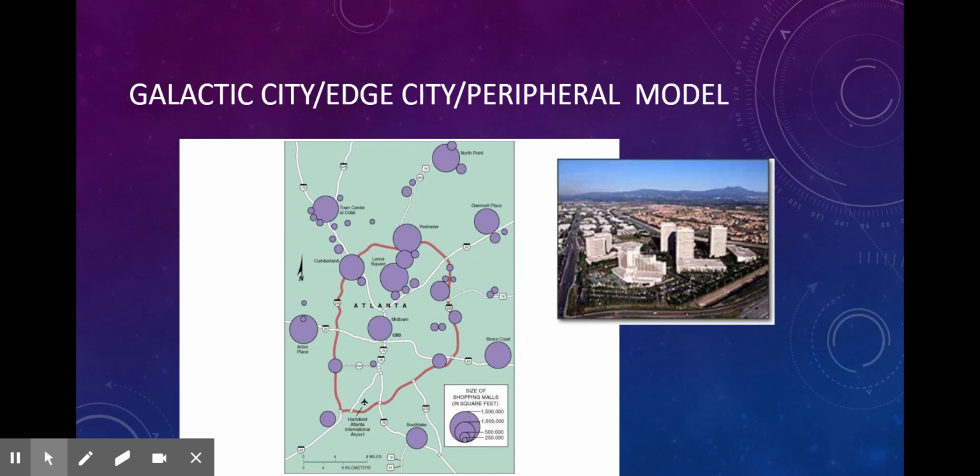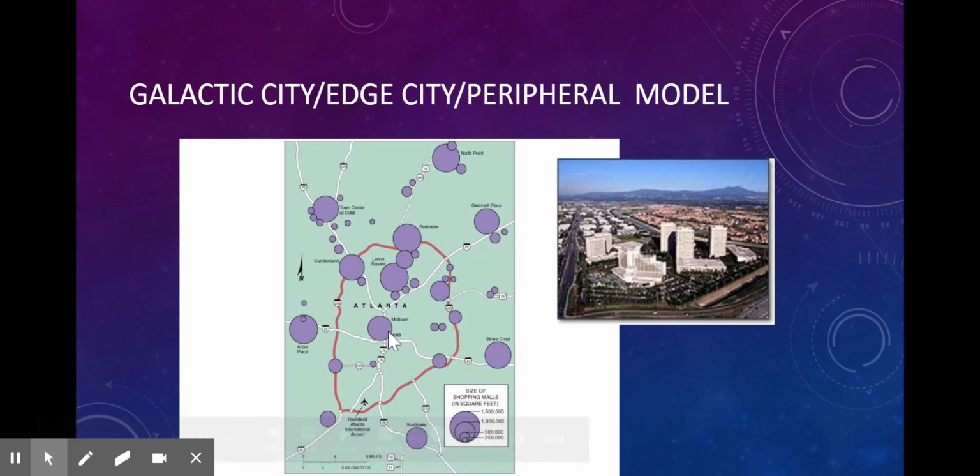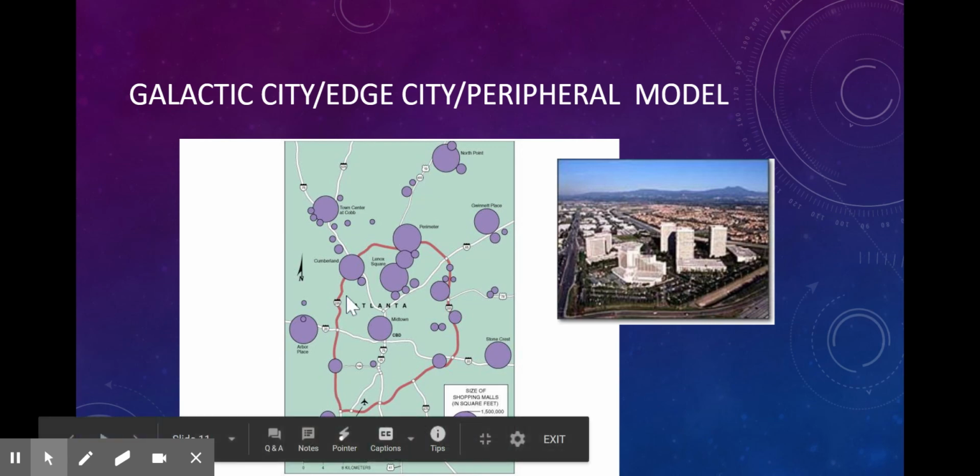Some of these probably don't exist anymore. Within Atlanta, each of these represents its own little hub or its own little urban area. So you have the downtown Atlanta area, the CBD, in the original part of Atlanta, and then Atlanta is one of the most galactic of galactic cities, where you have tons and tons of suburbs.